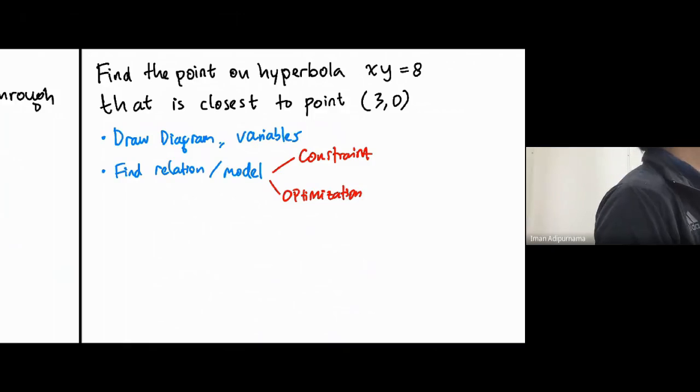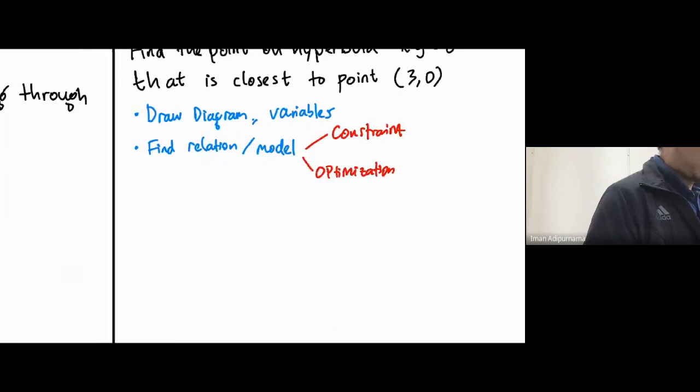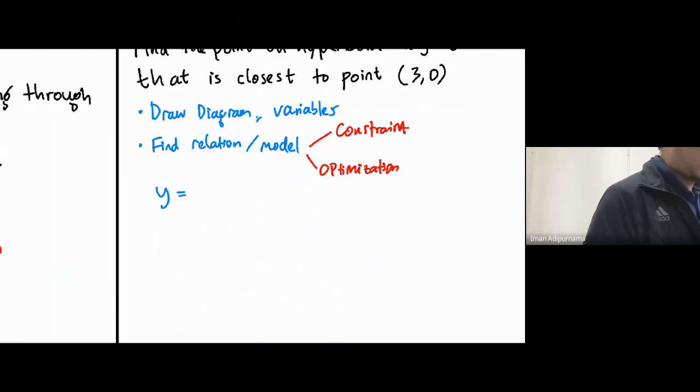Our goal here, we need to find the distance, right? The distance that is closest to the point (3, 0) from the hyperbola xy equals 8. If you're wondering how you can draw, you can just use y equals 8 over x. Try several x and you will have a curve. Okay? You can draw roughly, and you can draw the line from (3, 0) to the hyperbola.